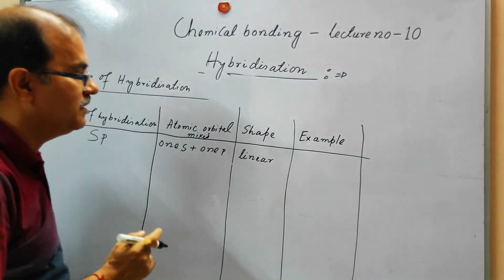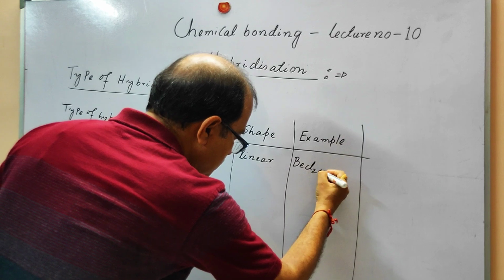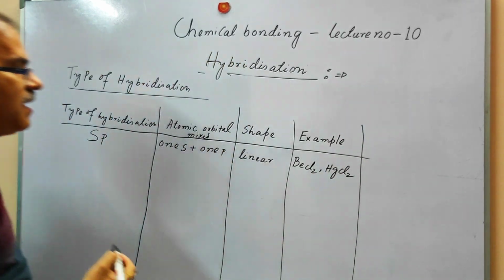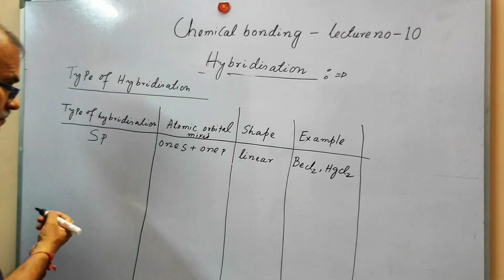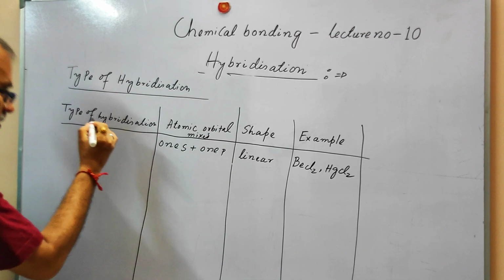So the shape will be linear. Examples of this are BCl2 or AgCl2, which are linear in structure.